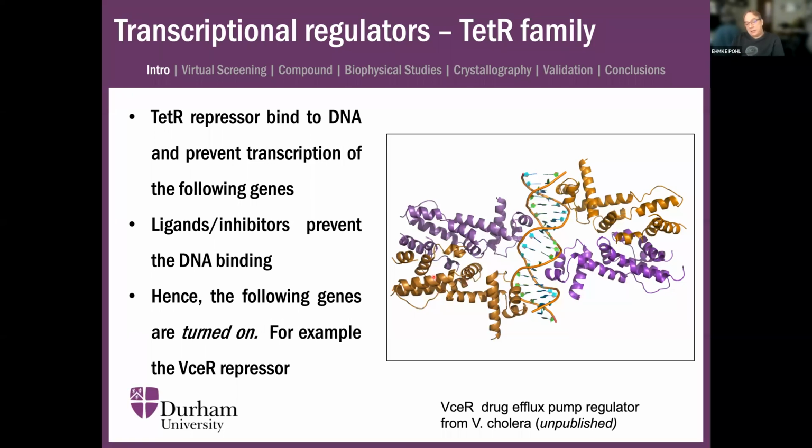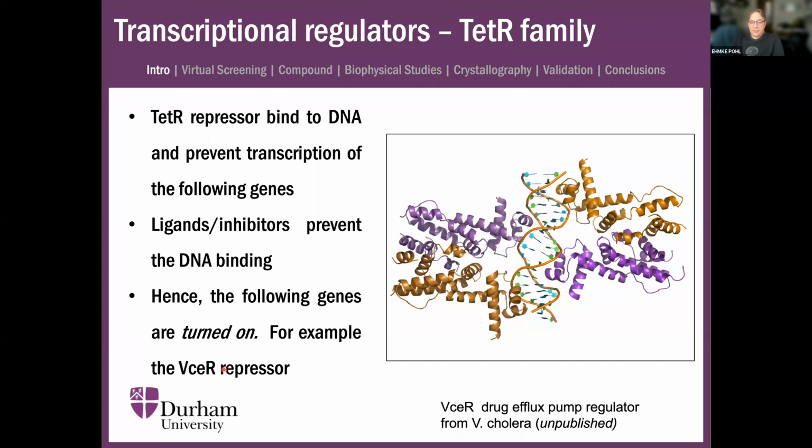And the people who were working on ETHR contacted us and said, you have some experience in TET-R repressors, why don't we collaborate? TET-R repressors are generic bacterial repressors that are often involved in repressing genes involved in drug resistance. This is an example of the VCR repressor from Vibrio cholera, which regulates the efflux pump system of Vibrio cholera.